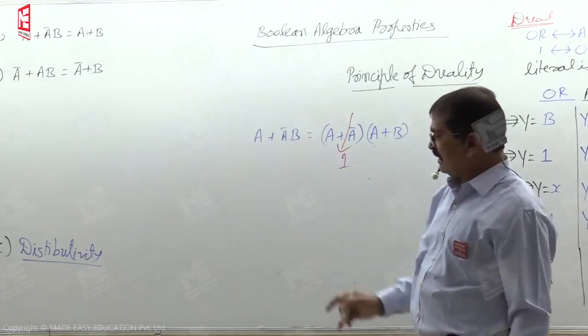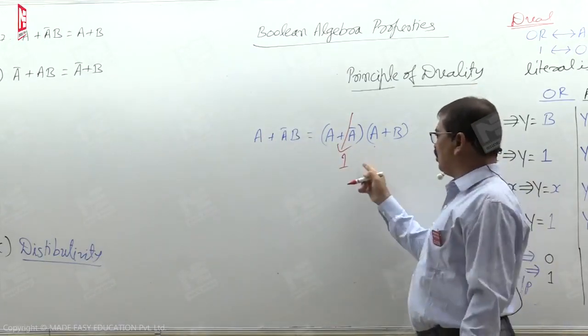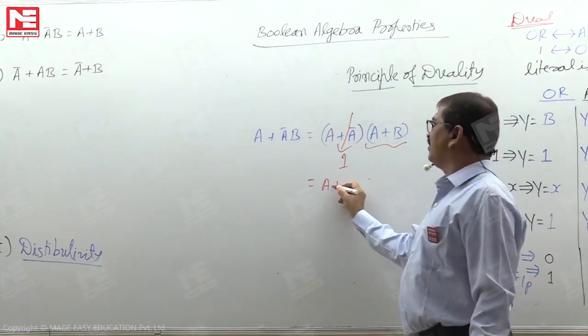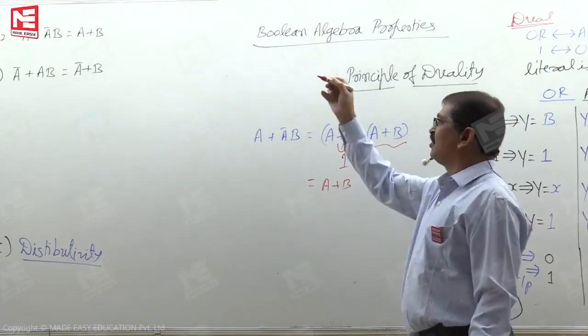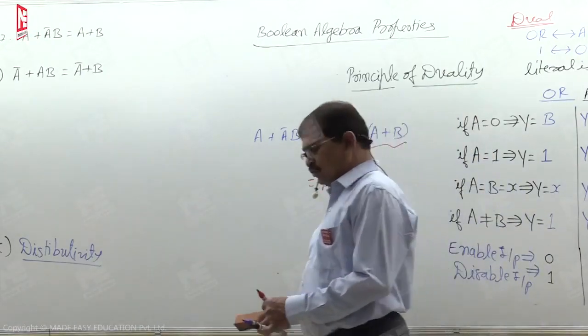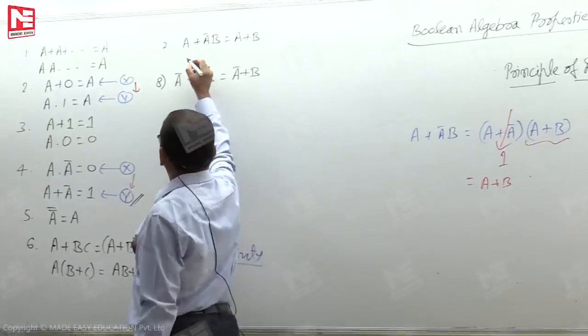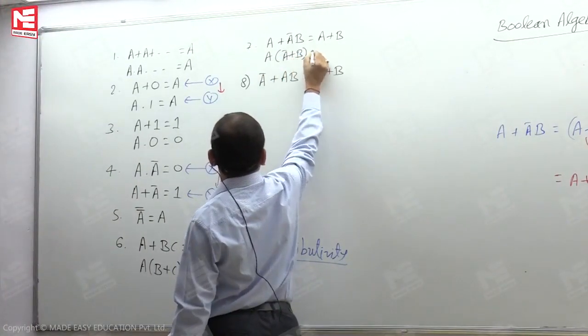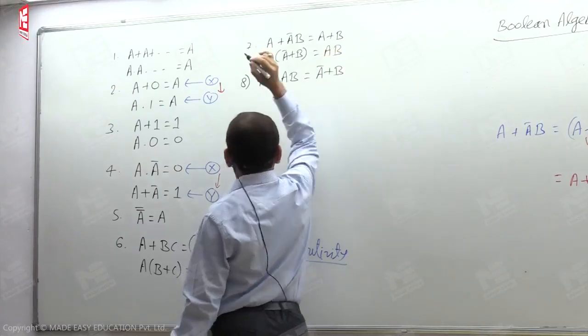And from the second property, we know 1 and with anything is that anything, which is A or B here. Hence, we get A or B. Of course, the dual for this is A and with A complement or B is equal to AB.